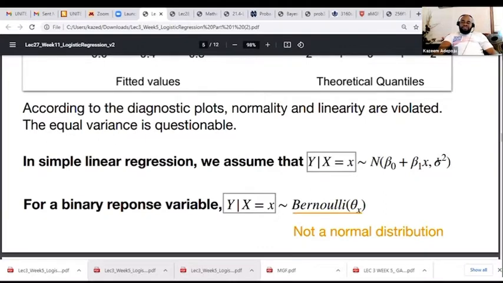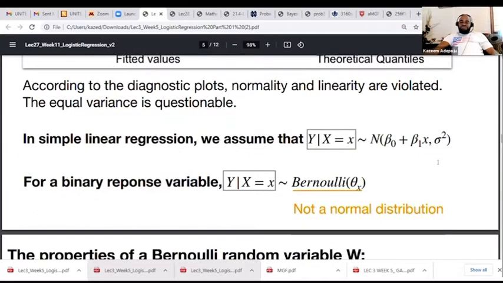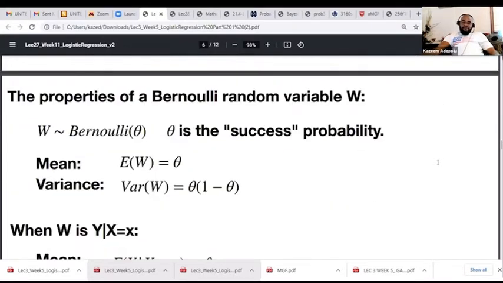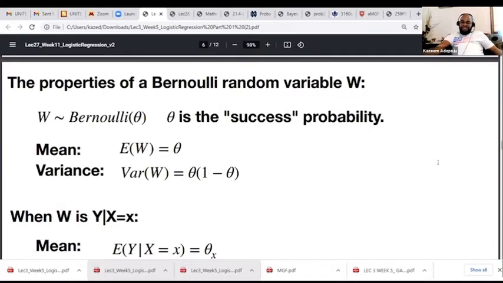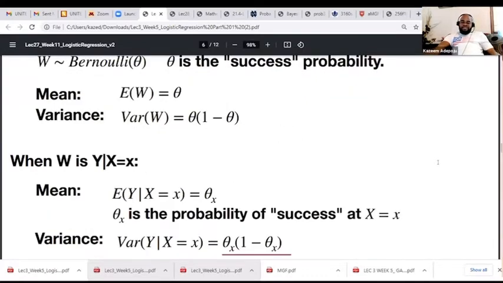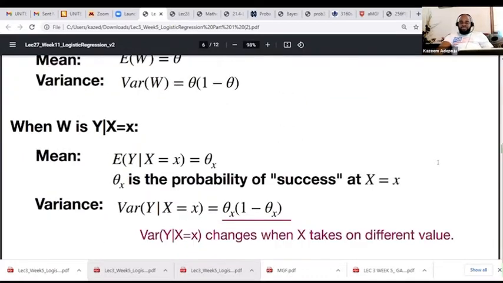There's an assumption of constant variance, but in a situation where the response is actually categorical, we don't expect variance to be constant.